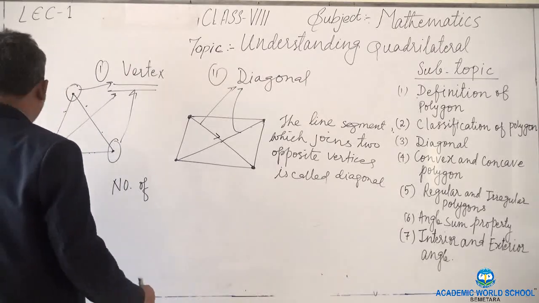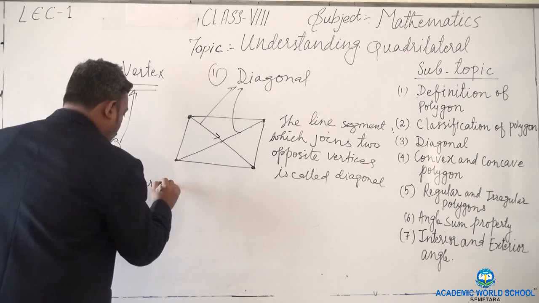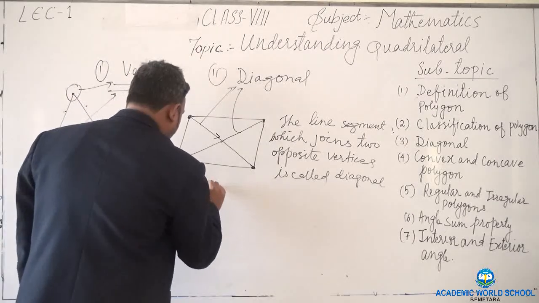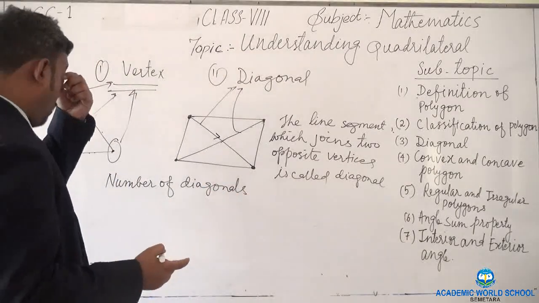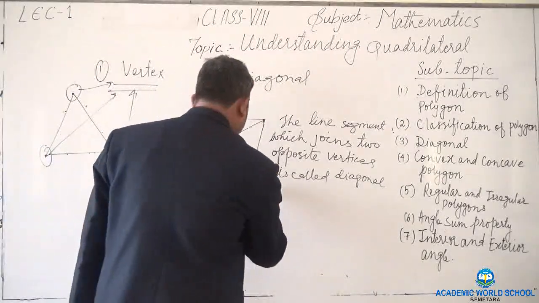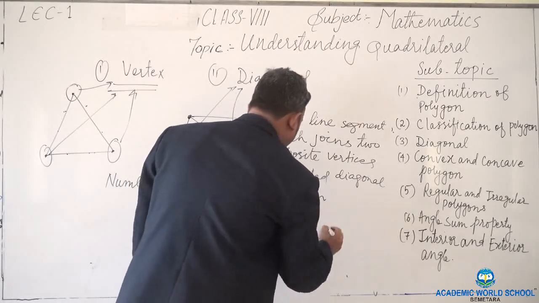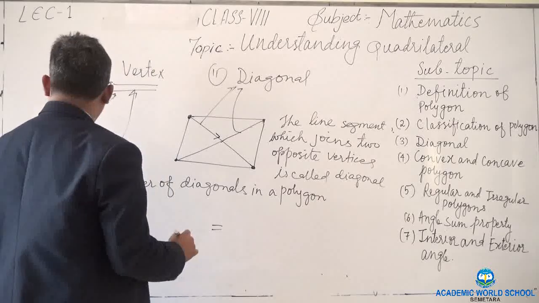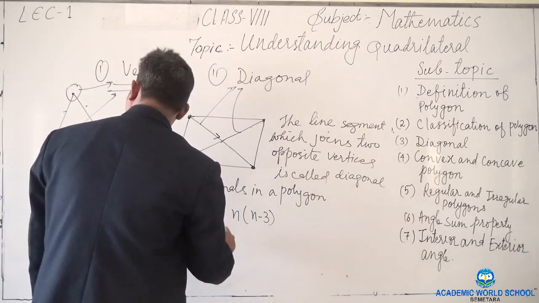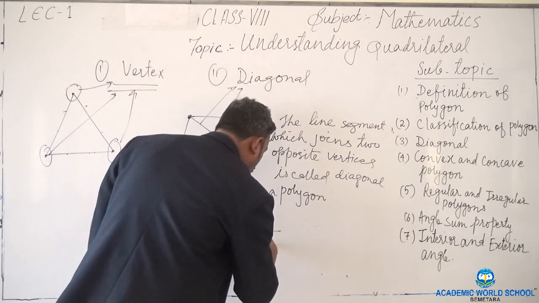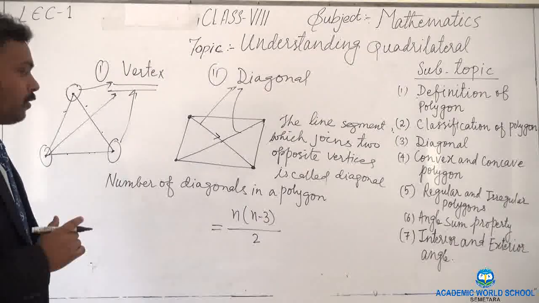The number of diagonals in a polygon will be equal to n into n minus 3 upon 2.